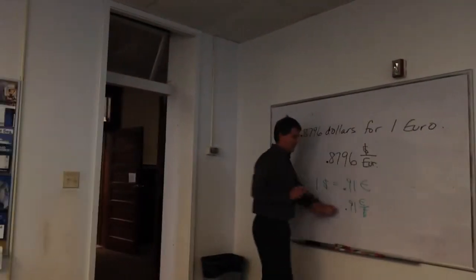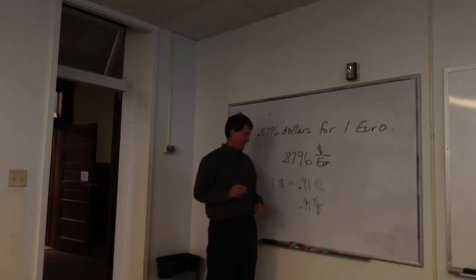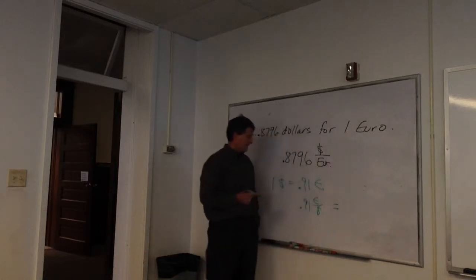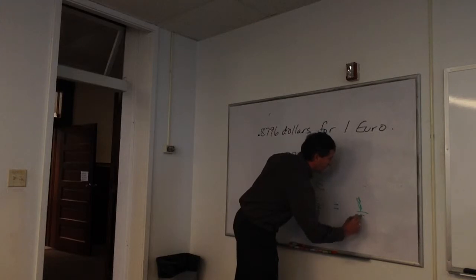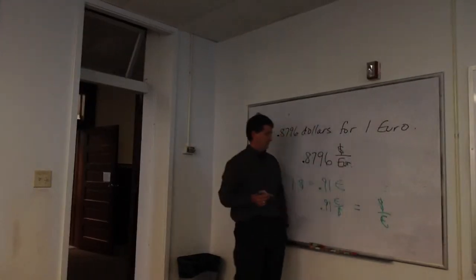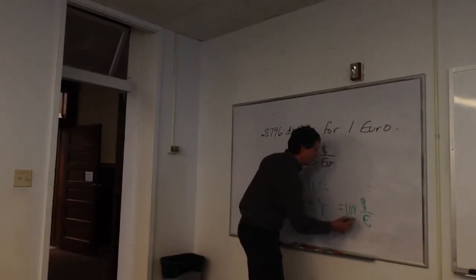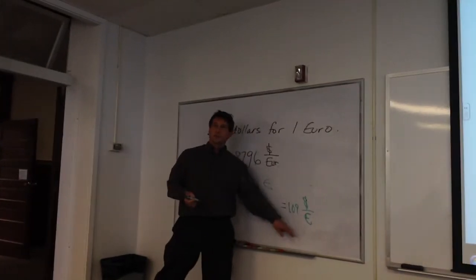So if we wanted to express it in dollars per euro, we've got the calculator handy. So this could be restated as how many dollars per euro? 1.0989. So it takes $1.10 to buy 1 euro.